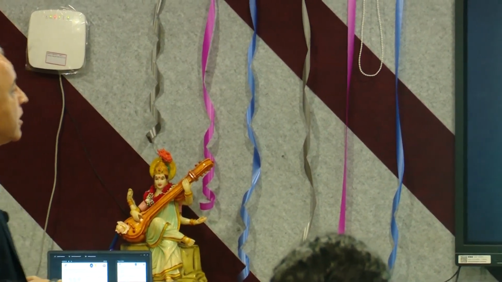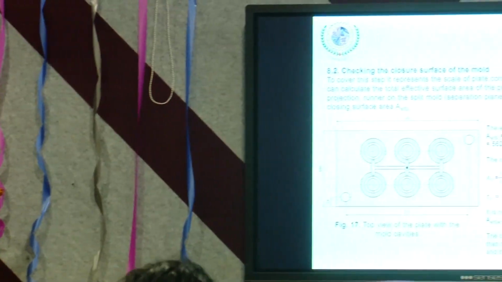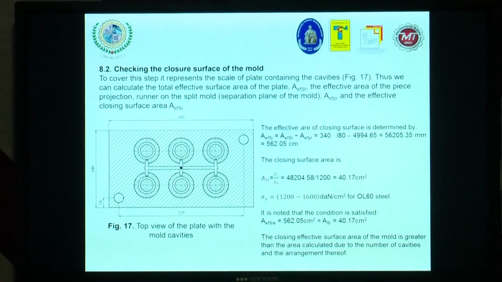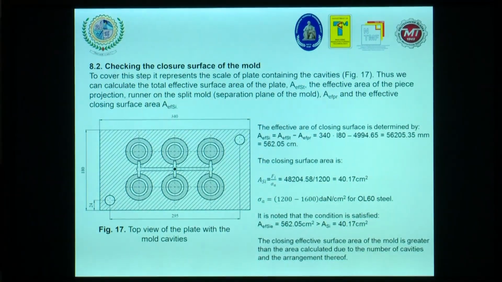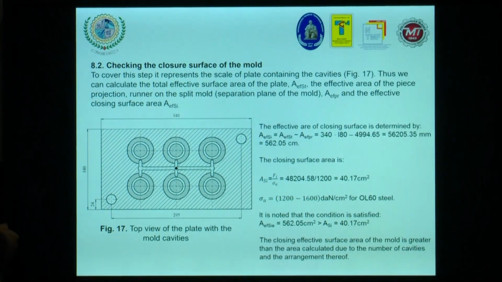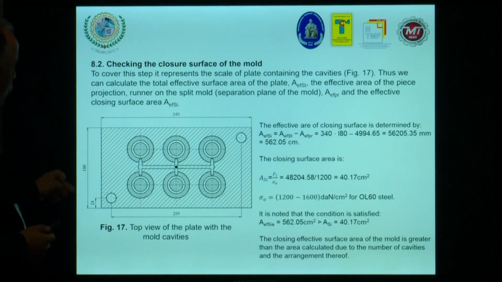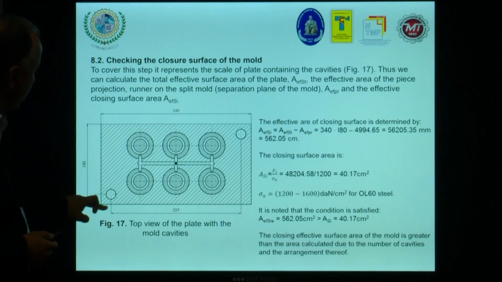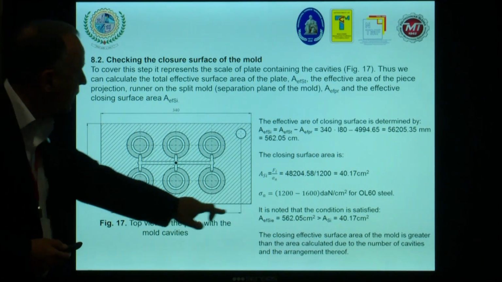Checking the closure surface of the mold, you can see also the top view of the plate with the mold cavities. Now, we are in the position to establish all the dimensions of the active plate.